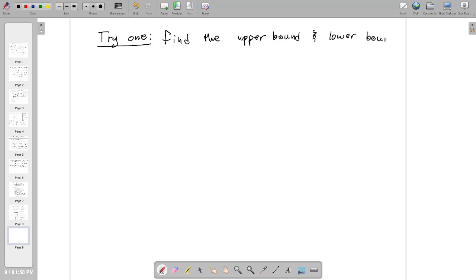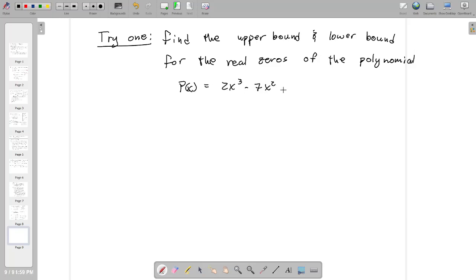Find the upper bound and the lower bound for the real zeros of the polynomial p of x is equal to 2x cubed minus 7x squared, minus 4x plus 4. Find any upper bound. It doesn't matter what the number is, just find any upper bound. You'll also find a lower bound for this polynomial as well, for the real zeros.